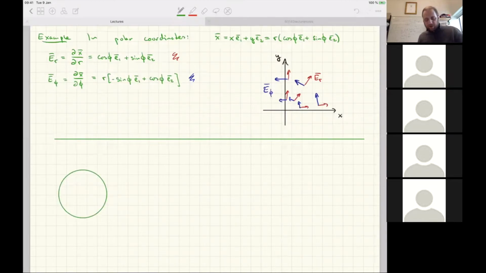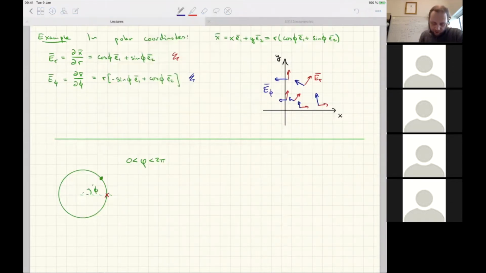So here you could use a coordinate which is essentially, if I take this point here, I can use this angle phi as the coordinate. Now, if I let phi go from 0 to 2 pi, I have a unique mapping to the circle. What I do not cover is this point here, but then I can introduce a different coordinate system.